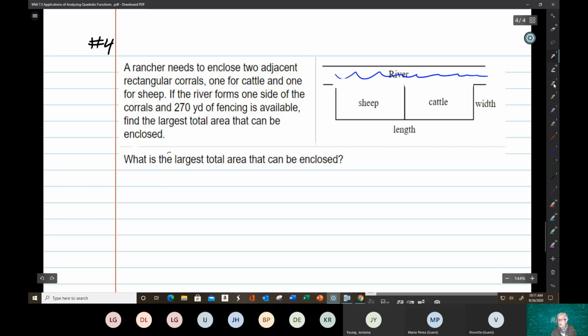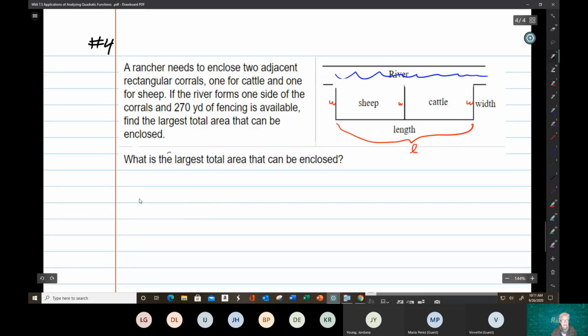Okay, this is what we're going to be using that 270 yards for. For this side, plus this side, plus this side, plus this side, and he wants to maximize his area.